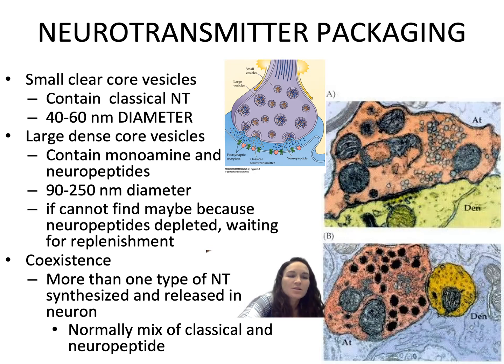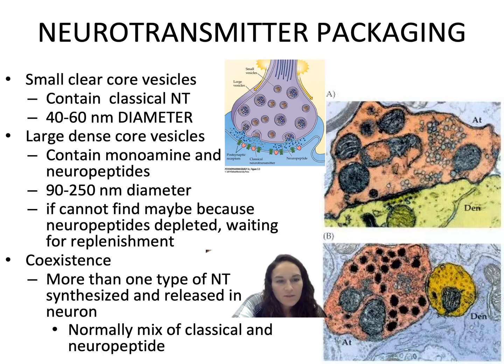If a neuron has this coexistence, it's going to release those neurotransmitters all at once with every single depolarization. So the neuron can't necessarily dictate that it's going to release acetylcholine but not glutamate. If it has the coexistence of both glutamate and acetylcholine, it's going to release both types of neurotransmitters simultaneously with an action potential.